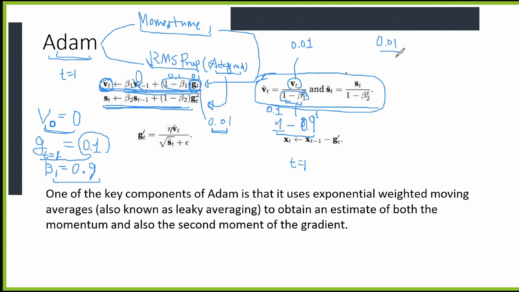So for this specific example, after correcting the under bias, we're lifting the gradient to its original degree, which was 0.1. Is this part clear?